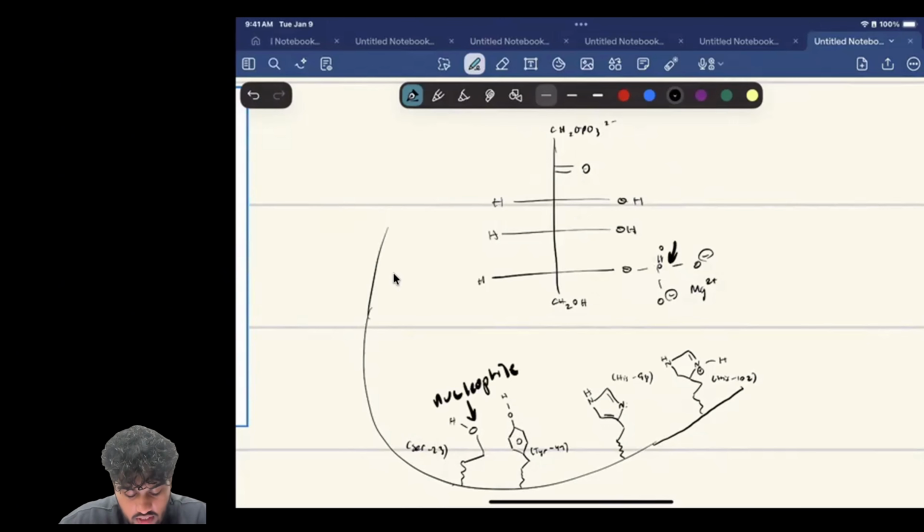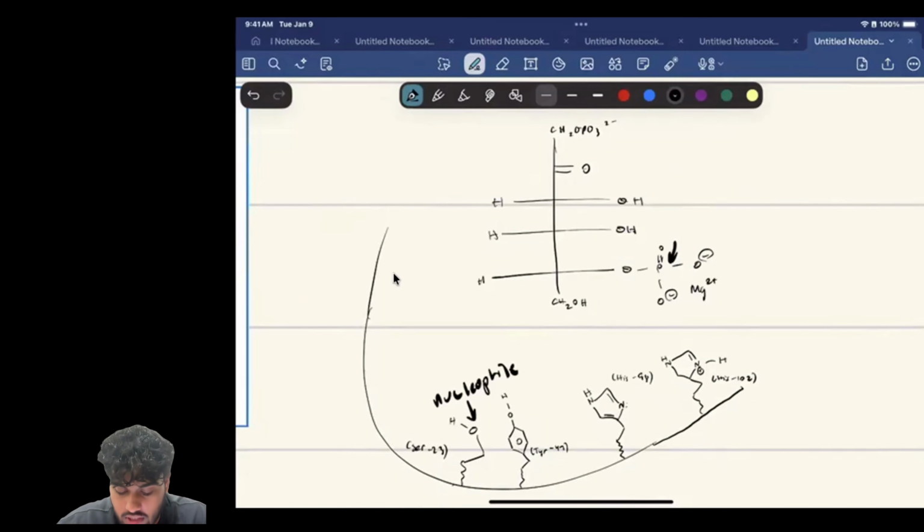So on its own, the serine hydroxyl group is only a moderate nucleophile, but since it's activated by our catalytic triad, histidine 98 acts as a general base to pull the hydrogen away. This overall just shifts the entire electron density onto the serine 23 oxygen, all in all creating a highly reactive species of an O minus.